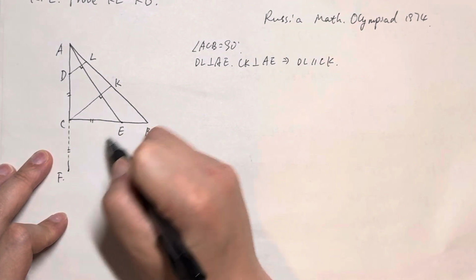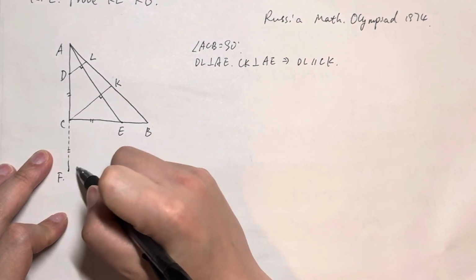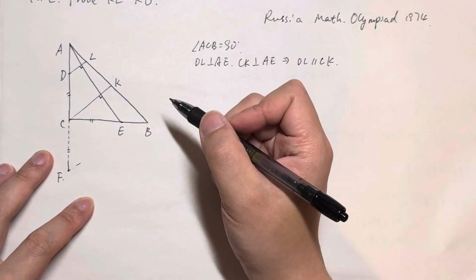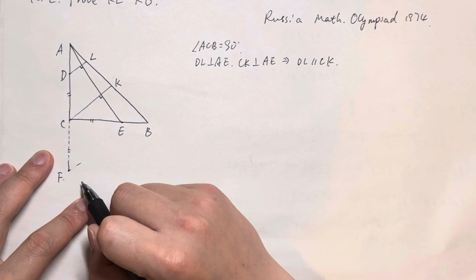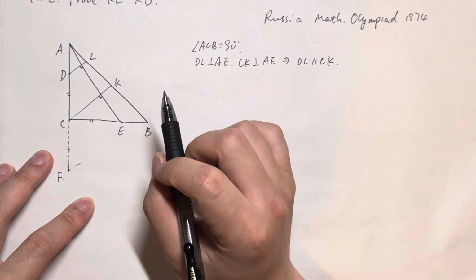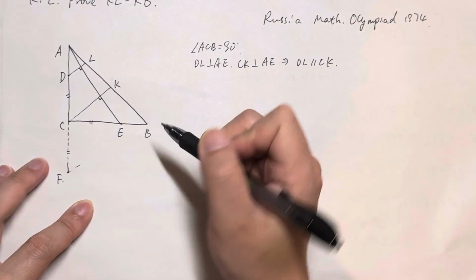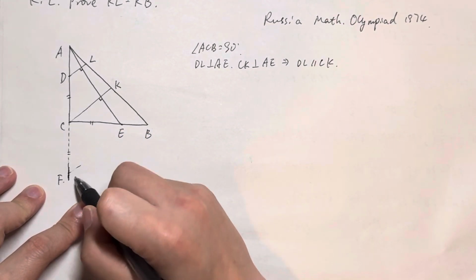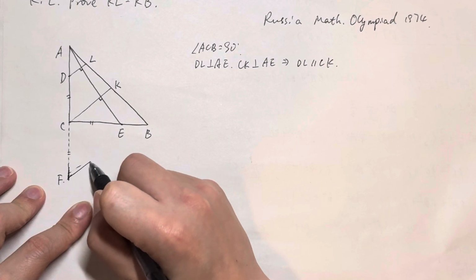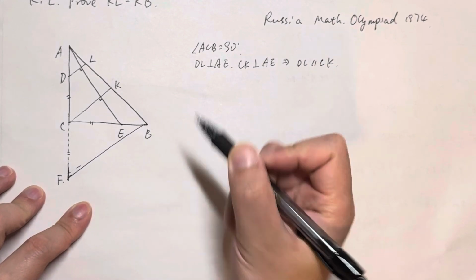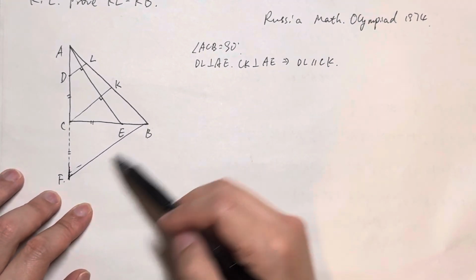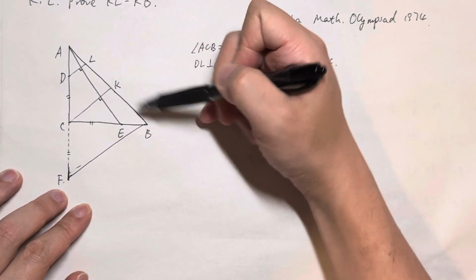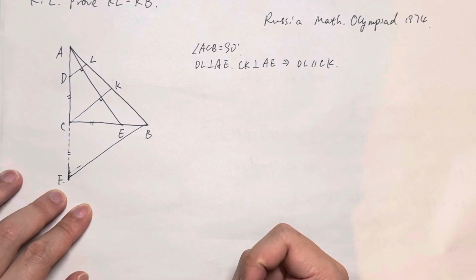So if we connect FB, I think I didn't draw it very well. Yeah, here. If we just connect FB, we should have the conclusion that FB is parallel with CK, right? Because LK equals KB, CD equals CF.